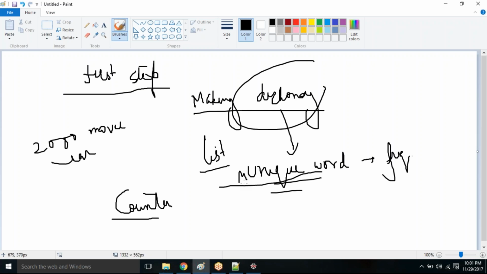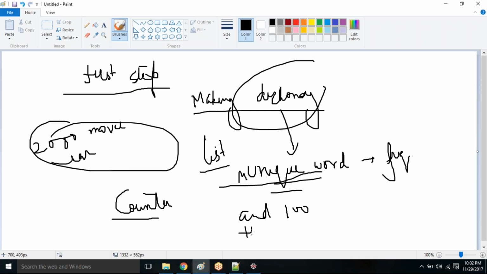It depends on the counter. So if "and" has come 100 times in all these 2,000 movie reviews, then "the" has come say 50 times, then "amazing", then "good", then some negative words. So this is making a dictionary of unique words.